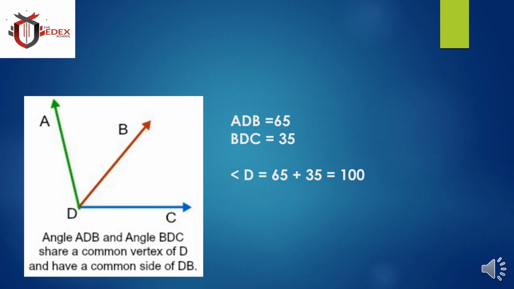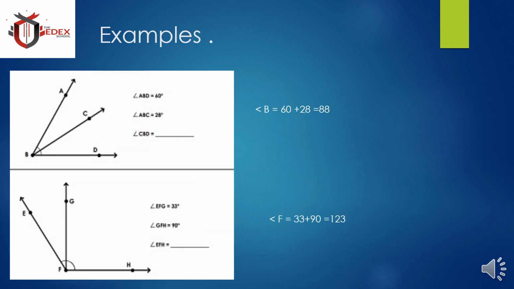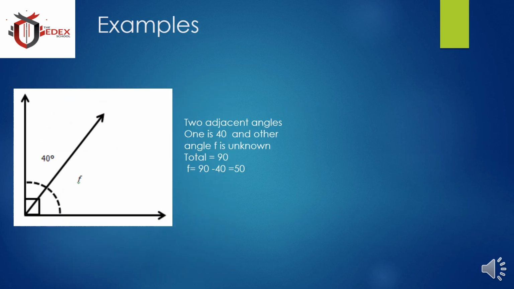So when we add these two adjacent angles, we will get the value of D. Another example, one angle is 60, another is 28. So when we add them, we will get angle B. Same for angle F. One is 33, another is 90 degrees. So when we add them, we will get angle F, which is 123.